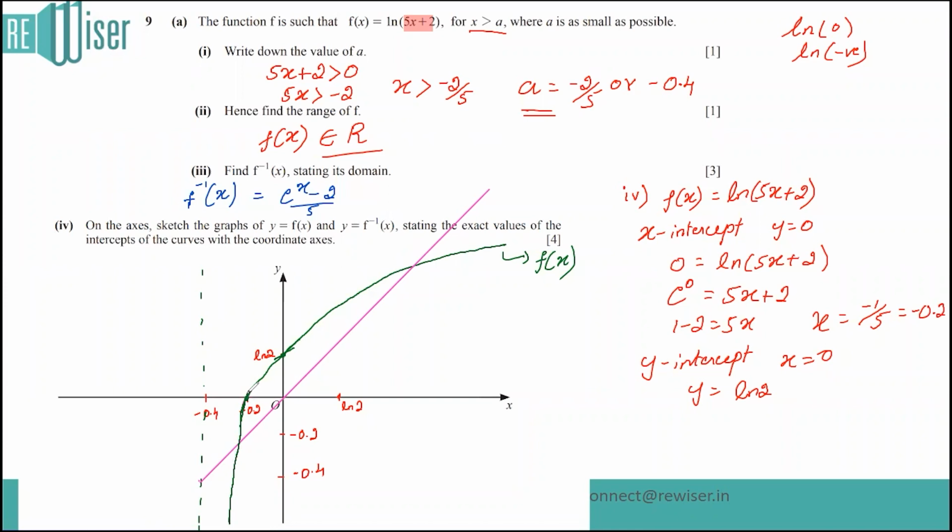Not very accurately, so you can just simply draw it like that. Mainly mentioning that the x-intercept is negative 0.2 is very, very important. So I just need to reflect this graph, and it's going to go something like this.